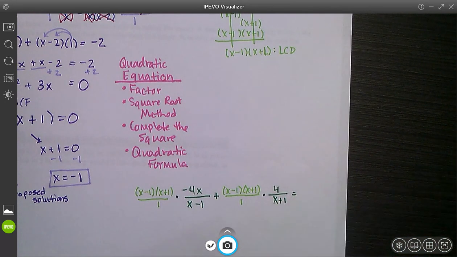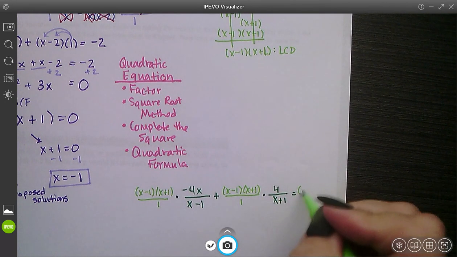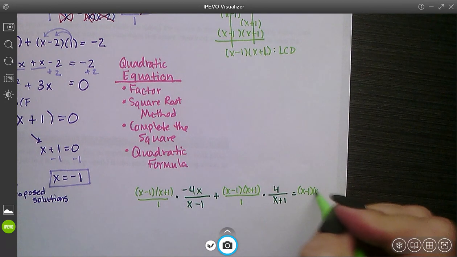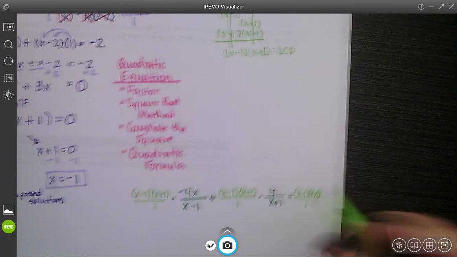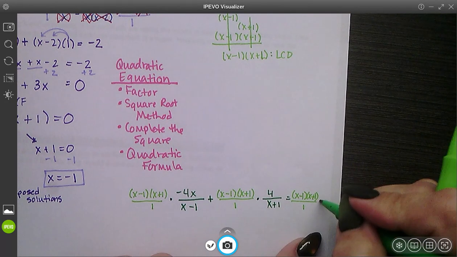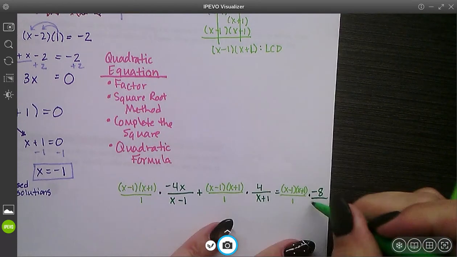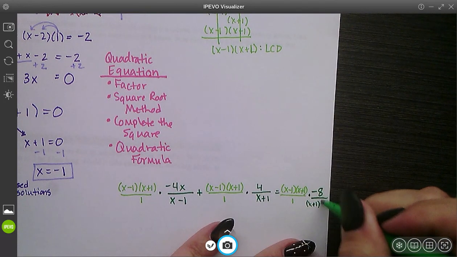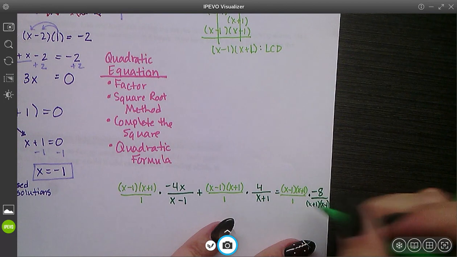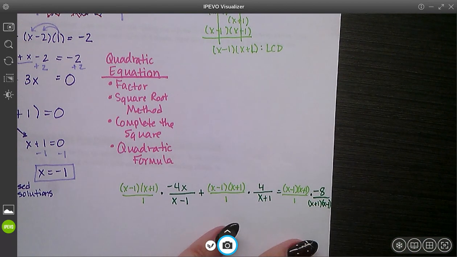And then equals the LCD over 1 times the thing on the other side, which was negative 8 over (x plus 1)(x minus 1), because I do want to use the factored form of that denominator.